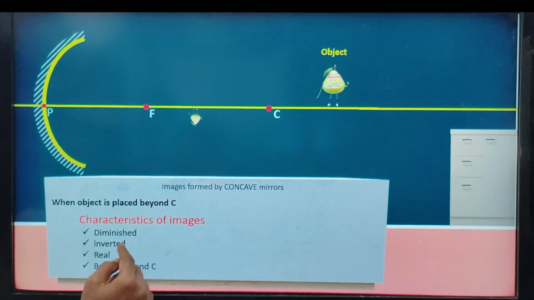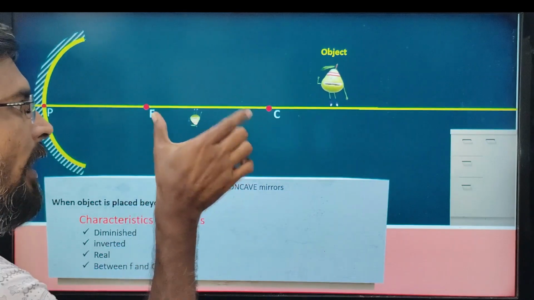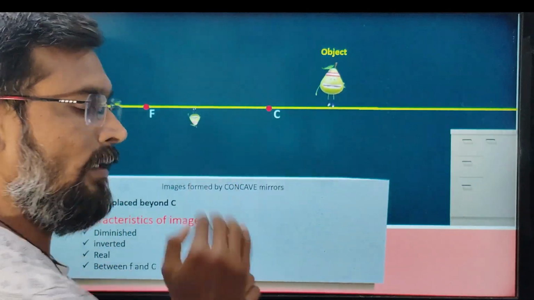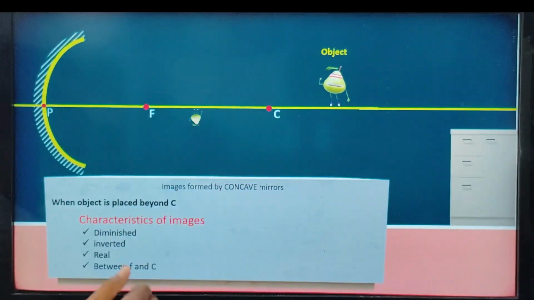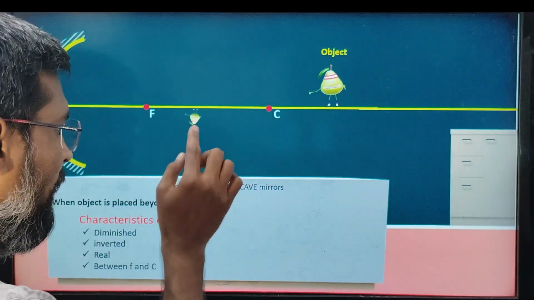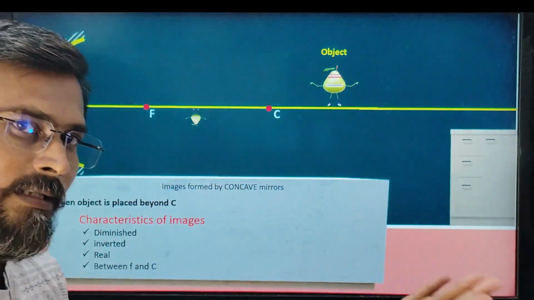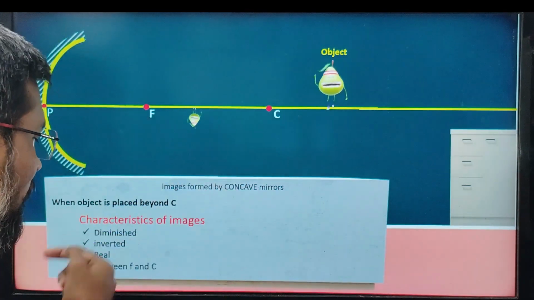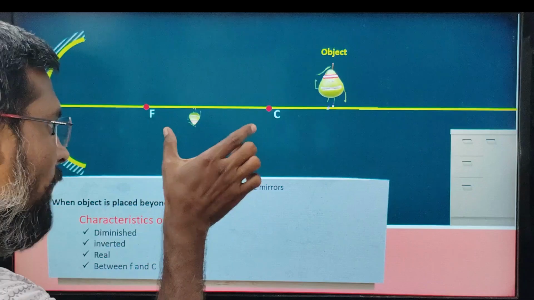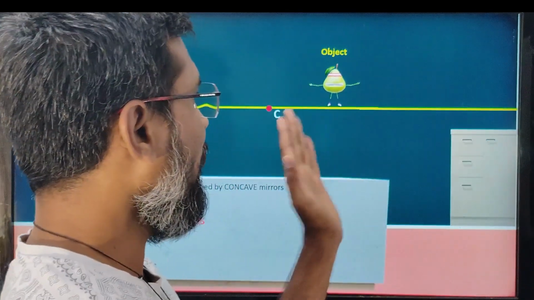Diminished, inverted, real, and between F and C, where the image is forming when the object is beyond C. So these are the four characteristics: diminished, inverted, real, and between F and C. These are the four characteristics when the object is beyond C.